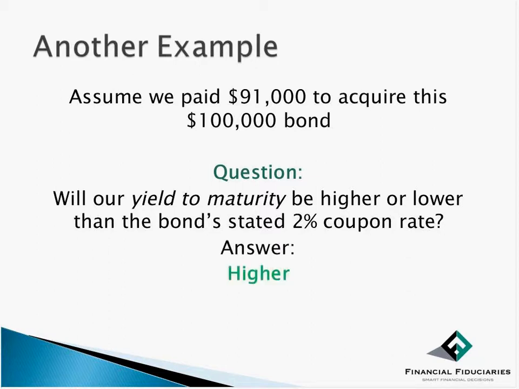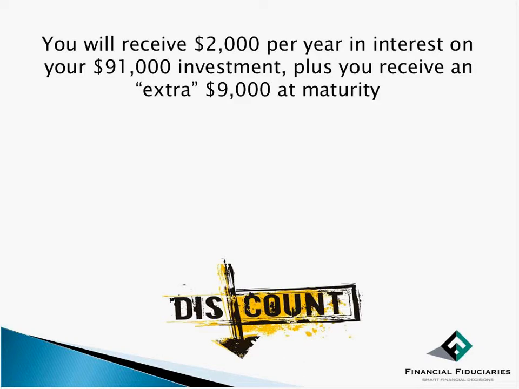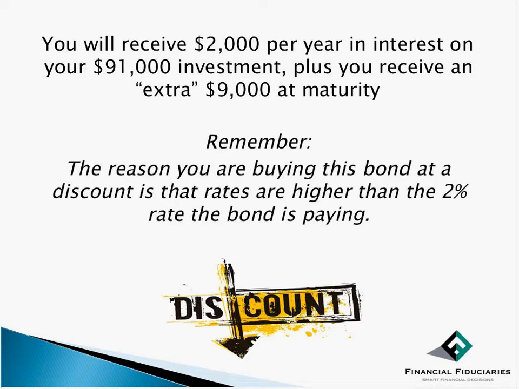If we're earning 2% on 100,000, that percentage is going to be a lot higher when we've only invested 91,000 to get that $2,000 per year in interest. So you get the $2,000 per year in interest on that 91,000, and then the extra 9,000 at maturity, and so the yield is going to be higher.